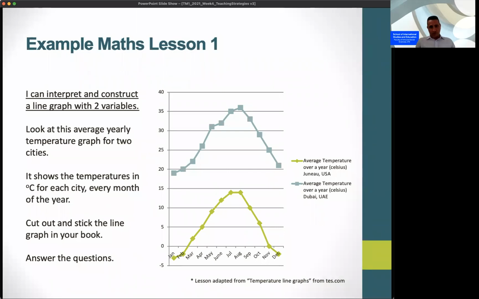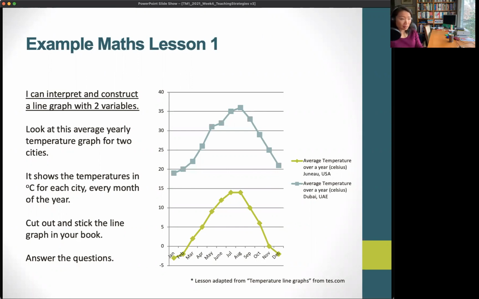By the time we get to December, it doesn't appear to be increasing or decreasing in a linear fashion. Okay.